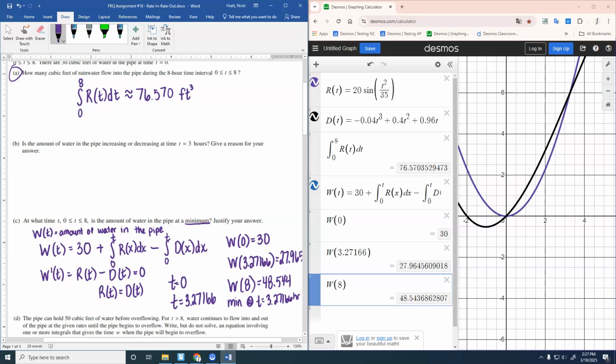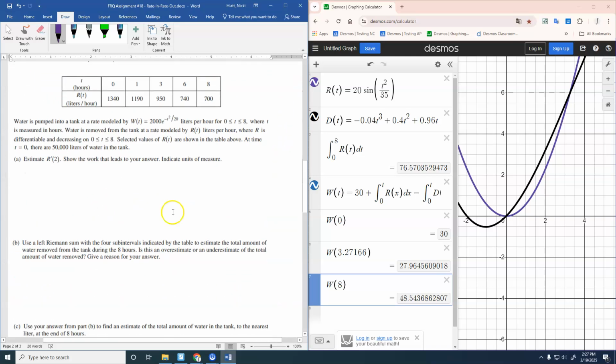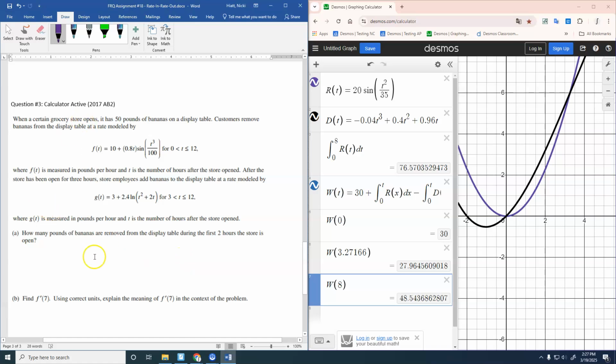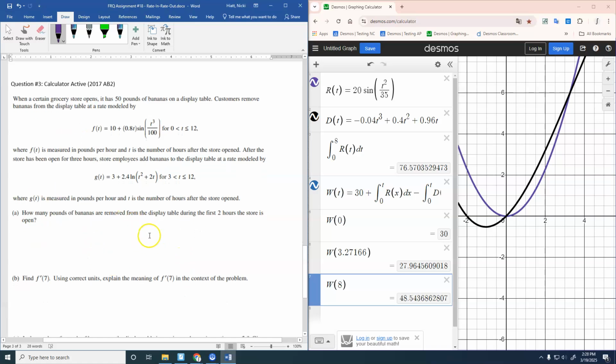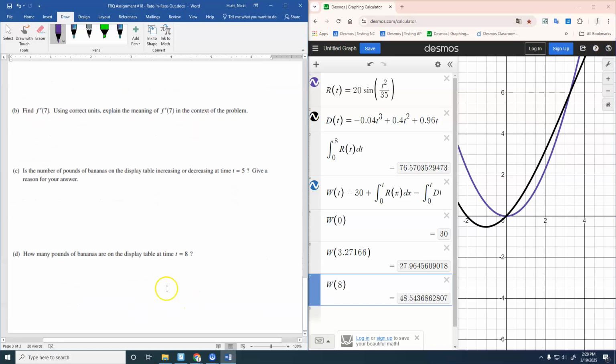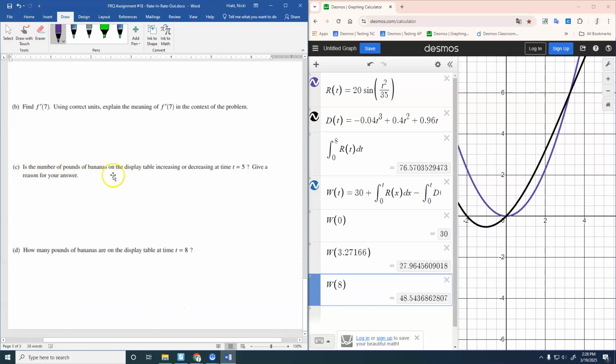All right, if you look at some of the others, you're going to see some of the same things that it's looking for. 3 is really similar, especially part A. C doesn't ask about, like D asks how many pounds of bananas are on the display at t equals 8.